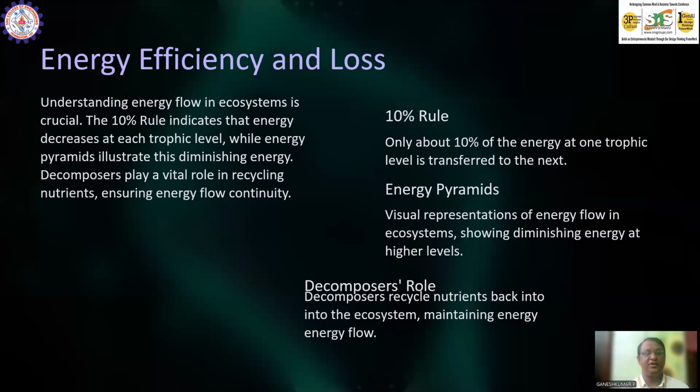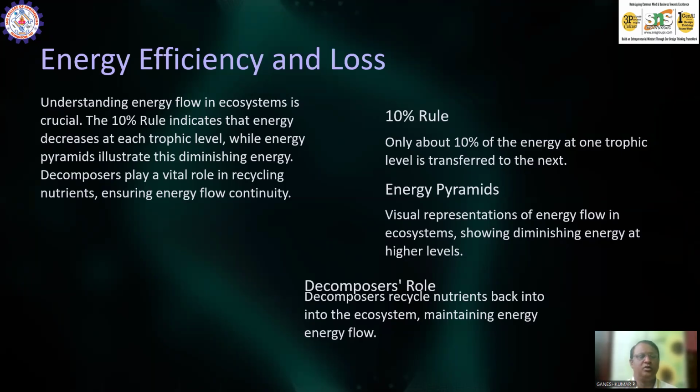What are energy efficiency and loss? We know the law of thermodynamics, in which energy can neither be created nor destroyed. One form of energy is converted to another form of energy, but this does not happen completely in the real world, because 100% of energy is not possible to transfer.